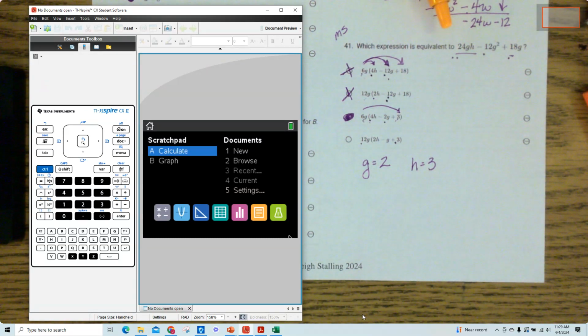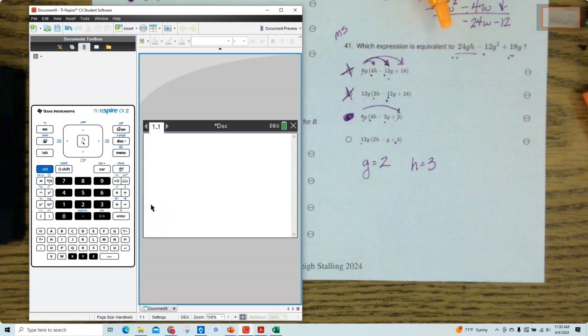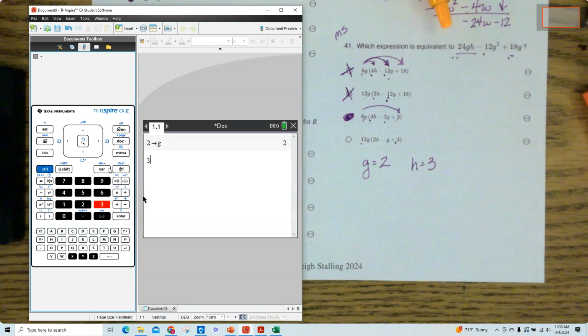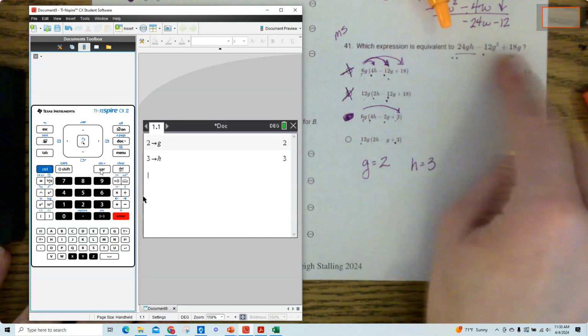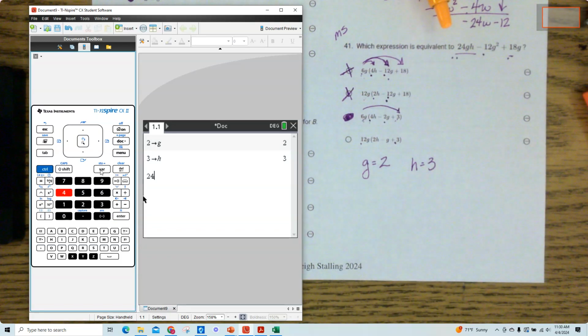Always start fresh with control var, okay? So I'm going to do 2 control var G, 3 control var H. And then I'm going to type this first piece in. 24GH minus 12G squared plus 18G.